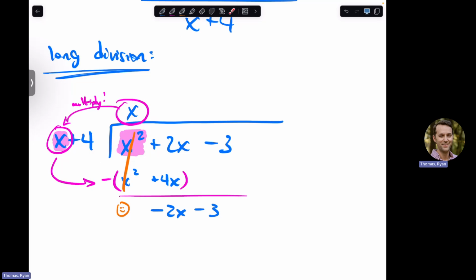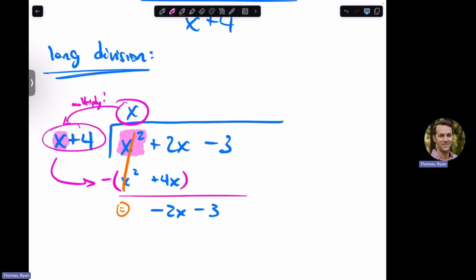How'd I get the 4? X times 4. So it's this times that whole thing. So x squared plus 4x. Subtract, those drop out. 2x minus 4x is negative 2x. Negative 3 minus nothing is just negative 3.